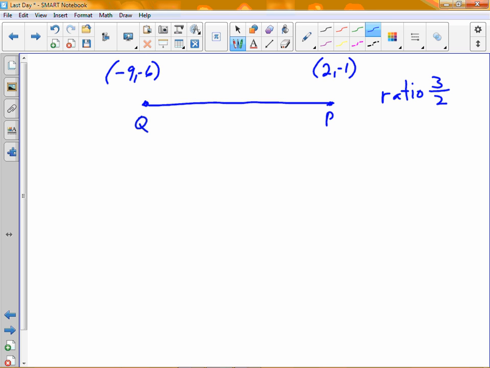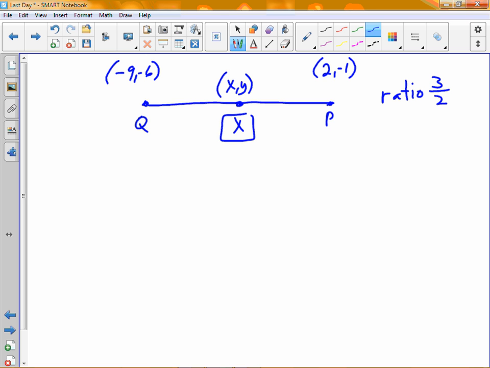Well, we don't know where this magical point X is. So I want to imagine I've got this point X in there. If you don't know what the coordinates of something are, we can just use X, Y.